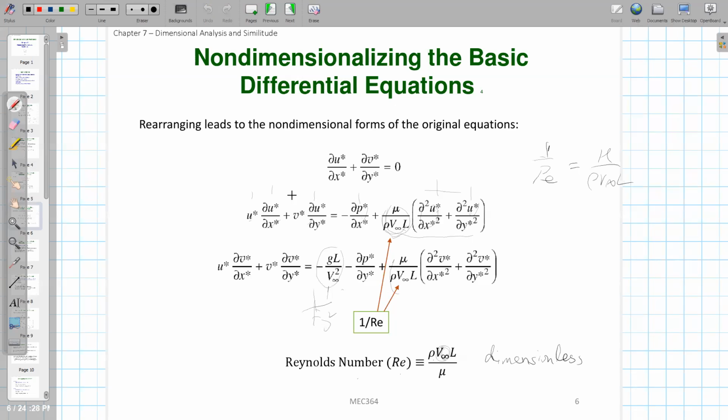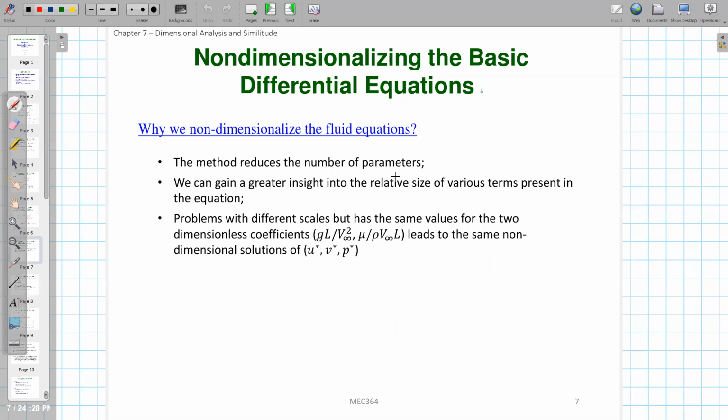Before, for this problem, we needed to know the parameters involved: rho, x, y, and mu, right? Now after non-dimensionalization, the problem is reduced to two dimensionless parameters. One is this Reynolds number, and one is this Froude number. So we reduce the number of parameters, so we know what is important.